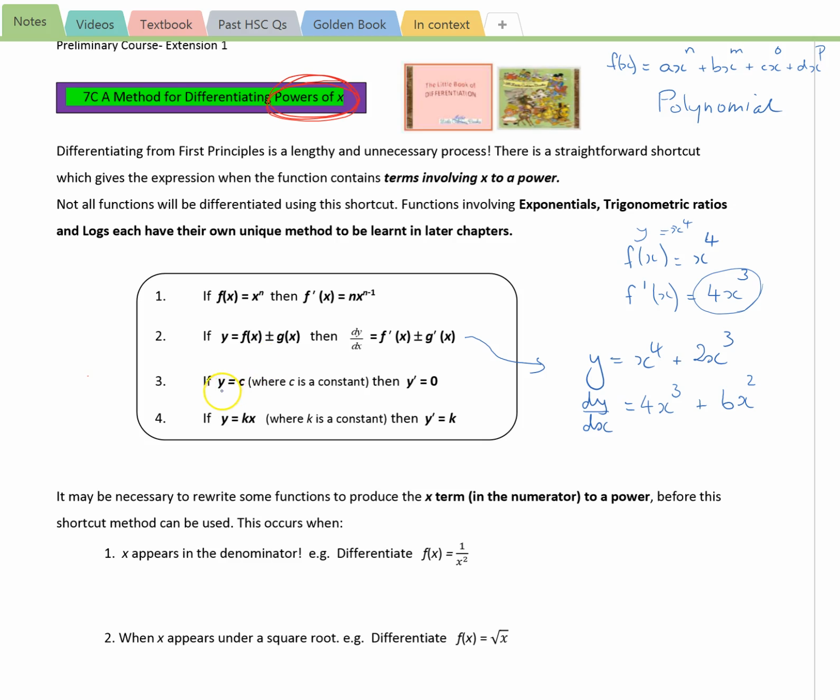Part 3 says if y is a constant, then y dash is naught. Let me illustrate that for you. So if y is equal to 2, remember we said it is really 2 times x to the naught. I suppose there is an x term in there, but we don't ever show it because anything raised to the 0 power is 1.